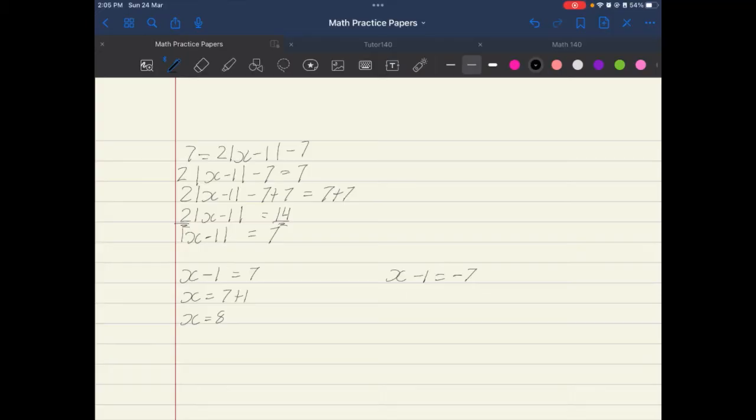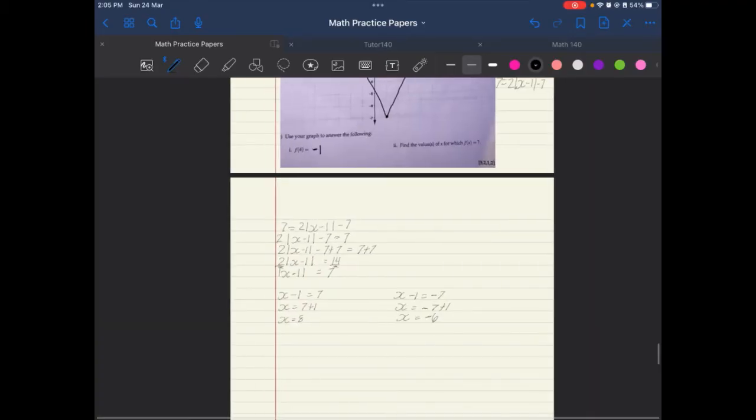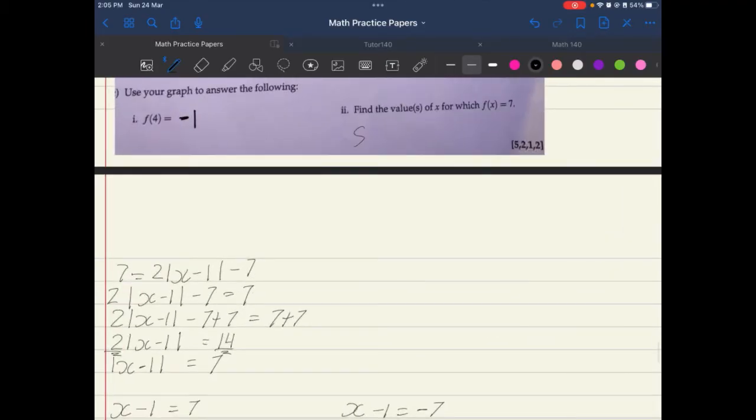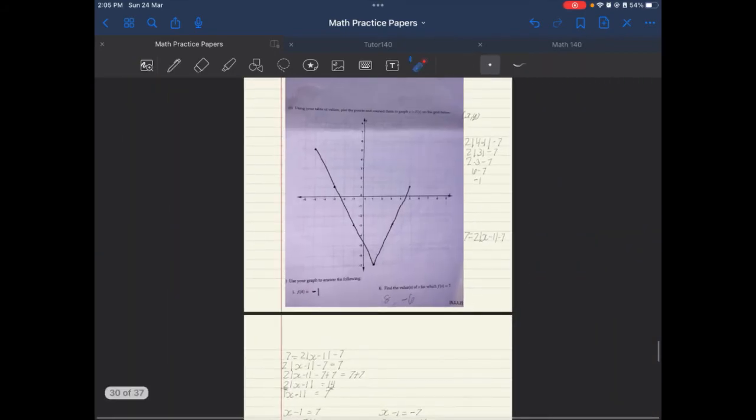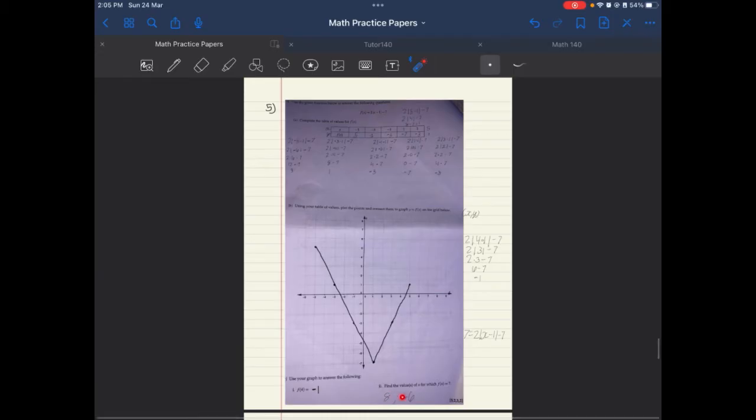Same thing over here, x is equal to negative 7 plus 1, so x is equal to negative 6. So the values are 8 and negative 6. If you substitute these values in, you should get f of x equal to 7. We're moving on.